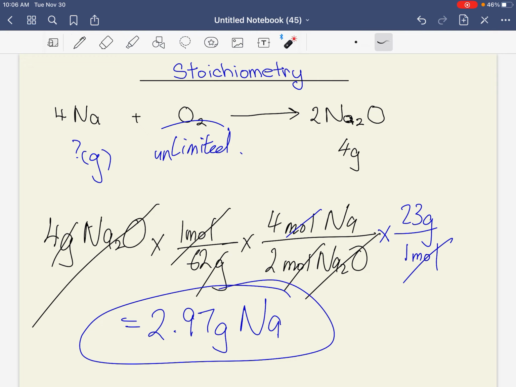So if my boss wants me to make 4 grams of Na2O, I'm going to need at least 2.97 grams of sodium to make that happen, of course assuming that O2 is unlimited. Because in the next lesson, that's not going to be unlimited.